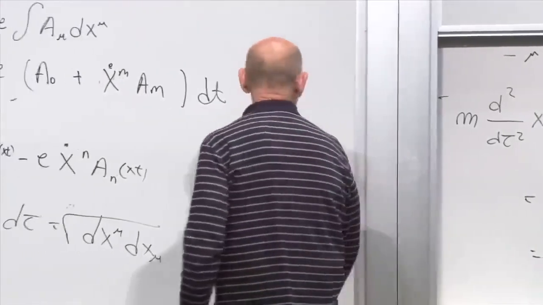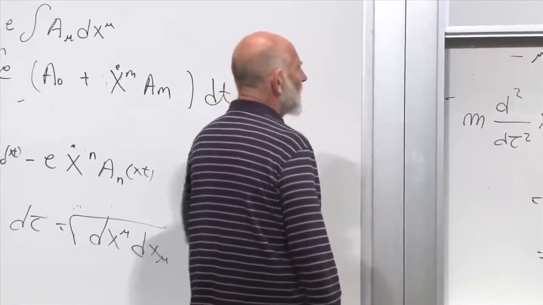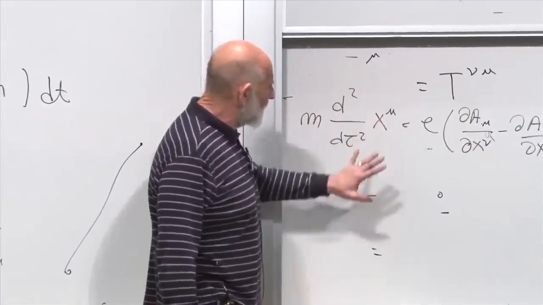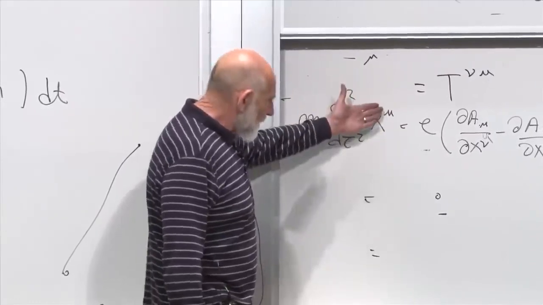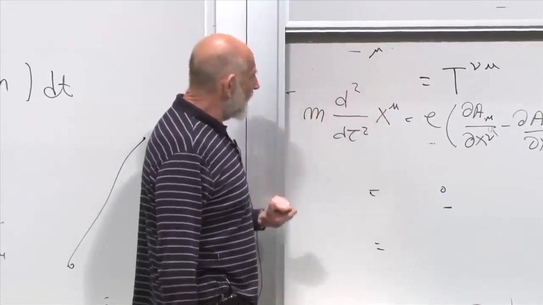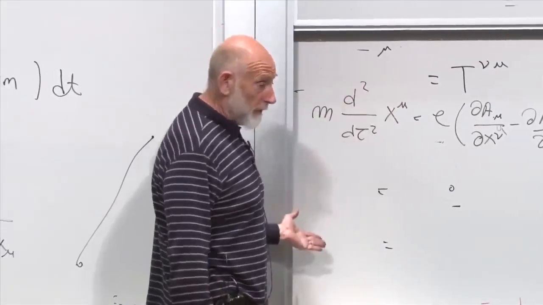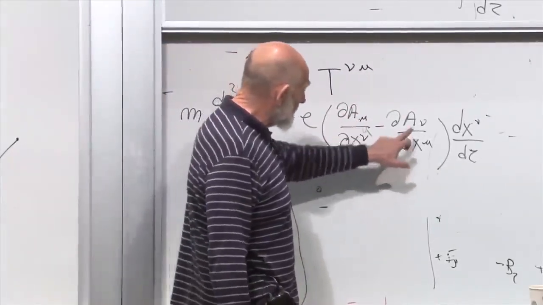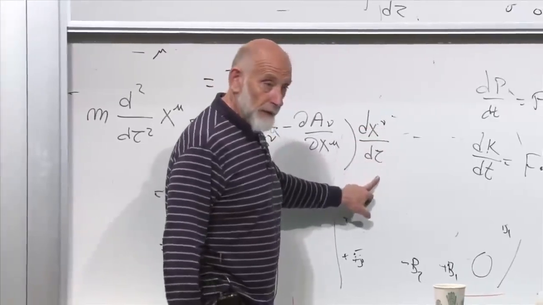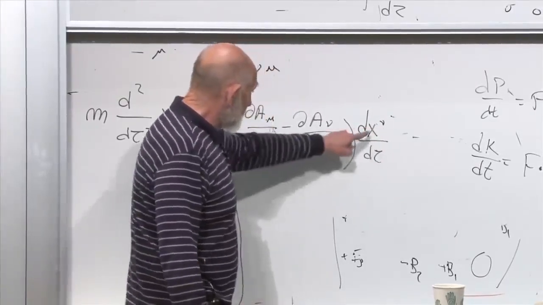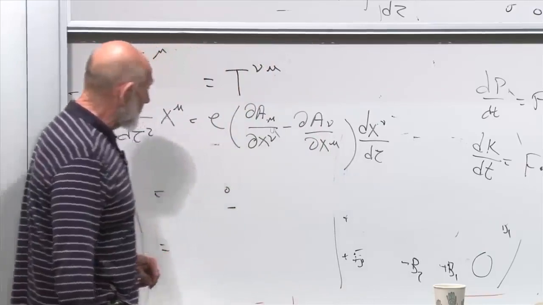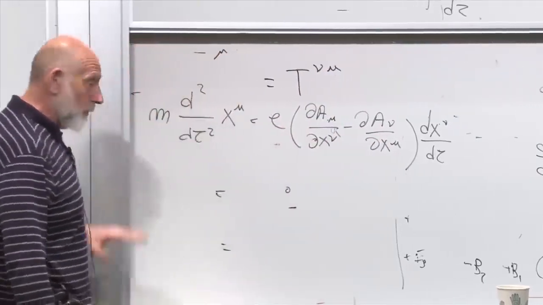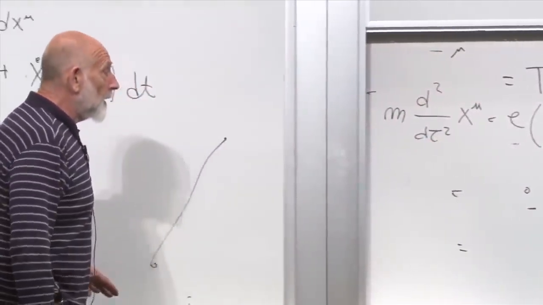But the exciting thing is that you can represent the equations in this very neat Lorentz invariant tensor form, where the left-hand side is a tensor, namely a four-vector, and the right-hand side is the product of a tensor with two indices times a four-vector again. We contract the indices, and the contraction produces a four-vector on the left-hand side, matching a four-vector on the right-hand side.